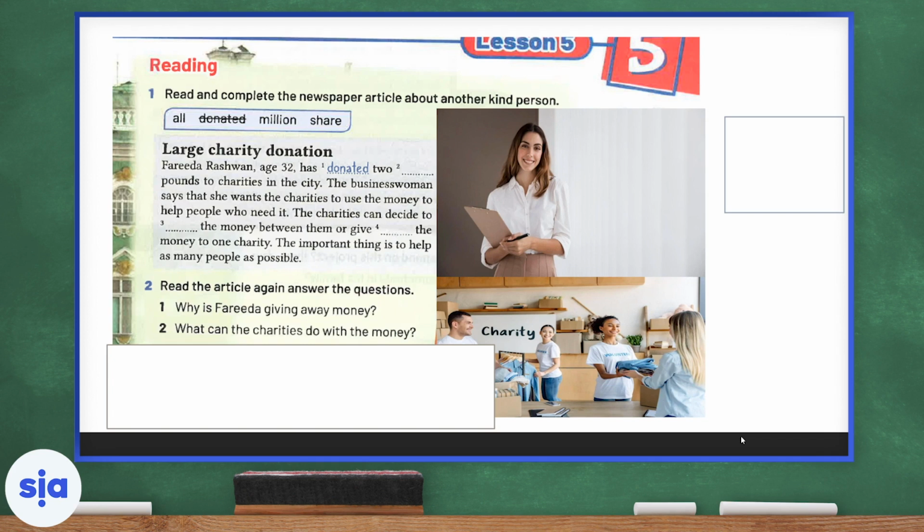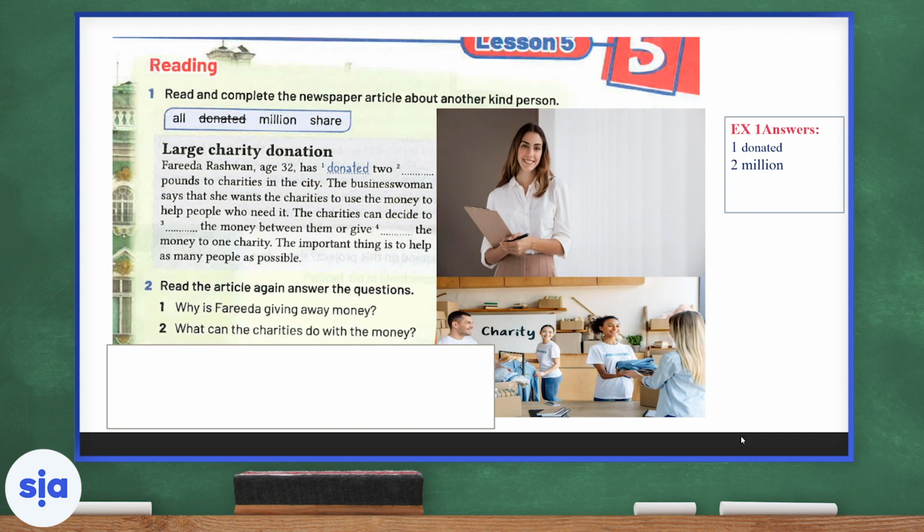Of course, we're talking about money. So when we're talking about money, we're probably looking for a number in the word box, which is million. So number 2 is million. She donated 2 million pounds to charity in the city. The businesswoman says that she wants the charities to use the money to help people who need it.